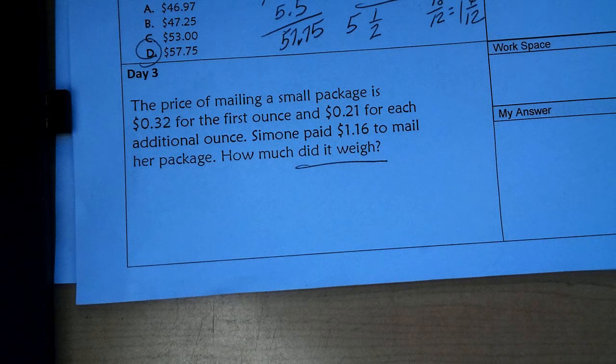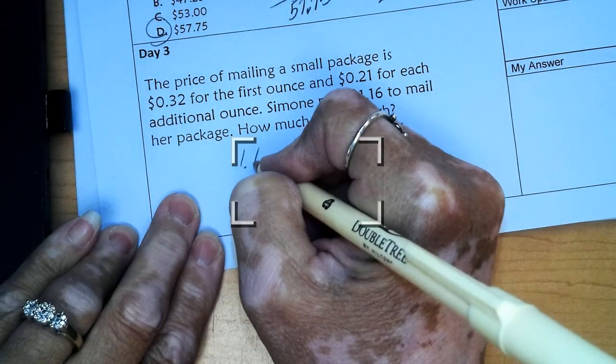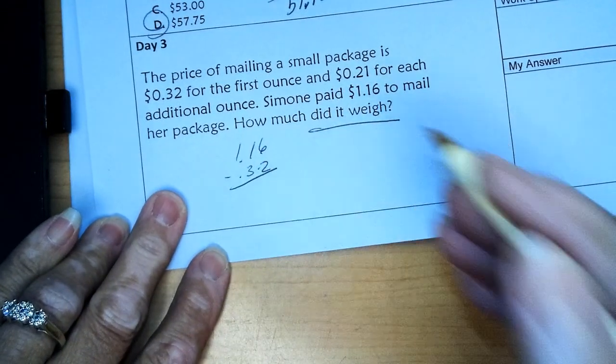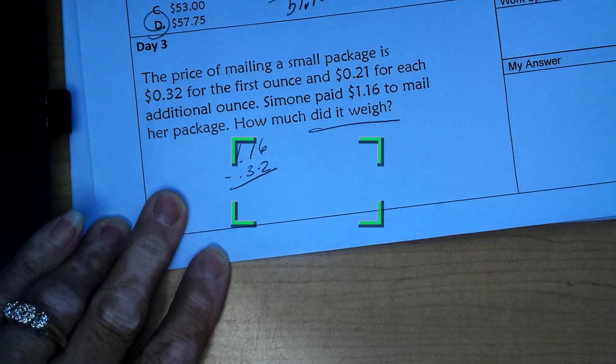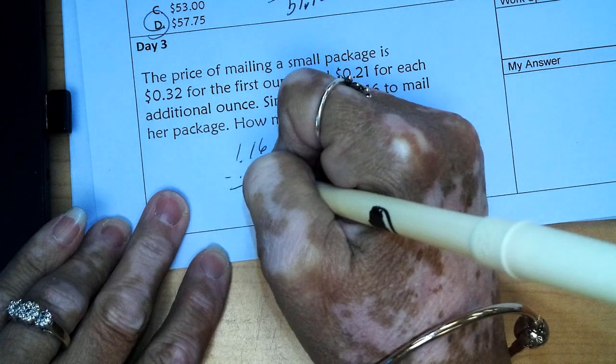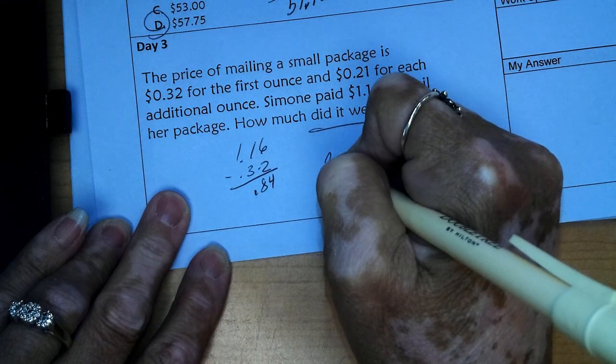Ounces? Yes. So first thing we need to do is $1.16 minus 32 cents, which is 84 cents.